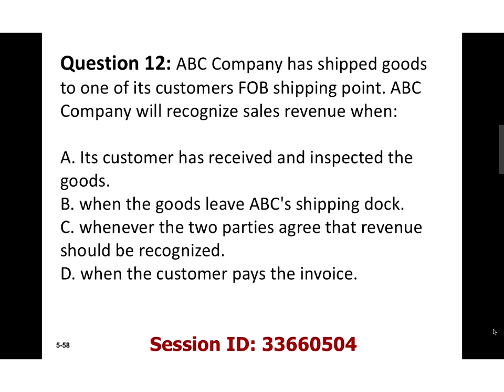Practice some more. ABC company has shipped goods to one of its customers, FOB shipping point. So we ship goods using FOB shipping point. Without even looking at any of the answers, FOB shipping point means that ownership transfers and revenue is recognized at the shipping point, which is at the shipper's dock.